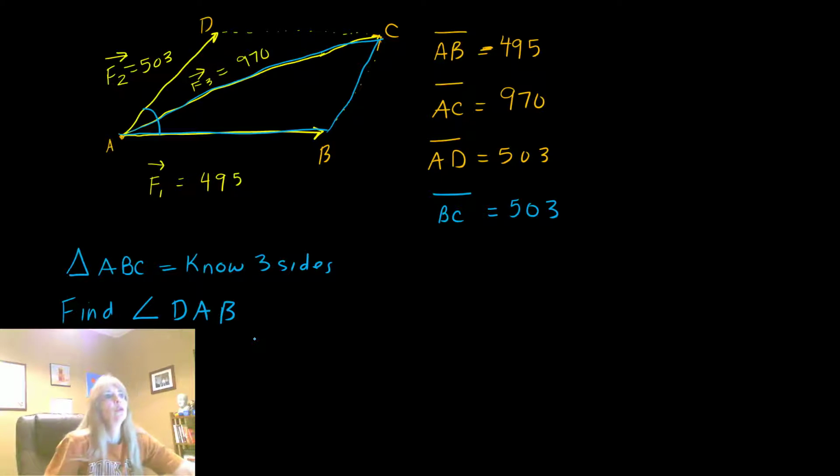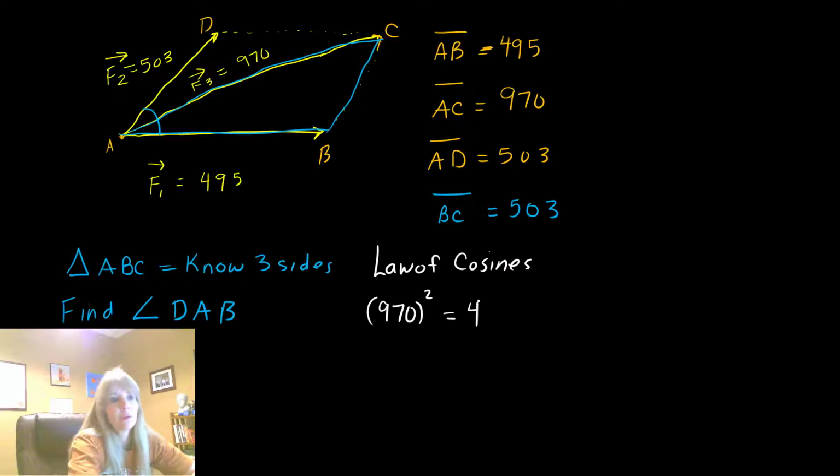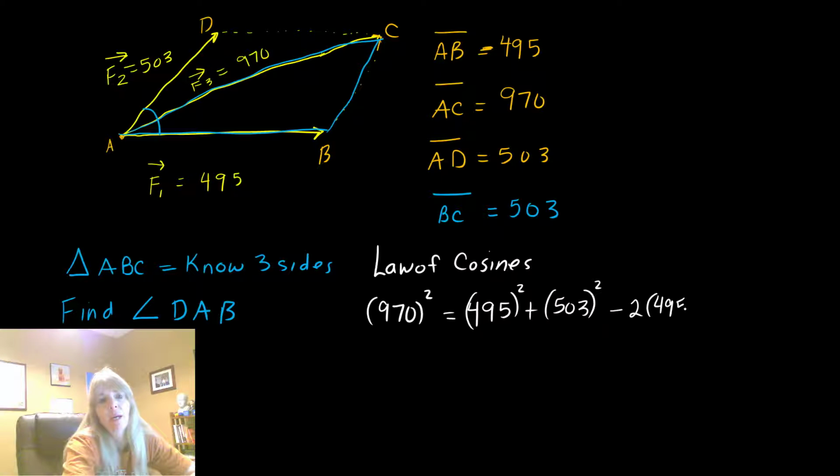So if I use the law of cosines, then I can set this up as 970 squared equals my other two sides, 495 squared plus 503 squared, minus 2 times those sides, 495 and 503, cosine alpha.